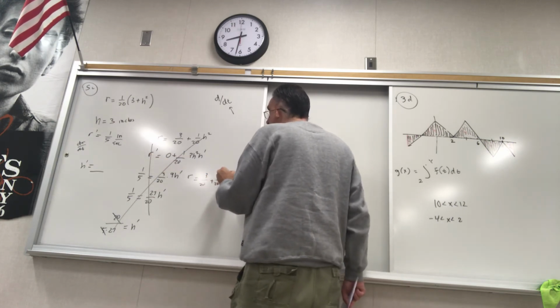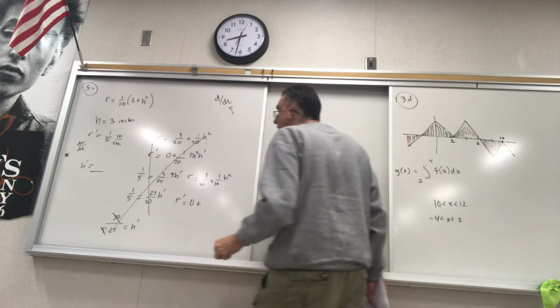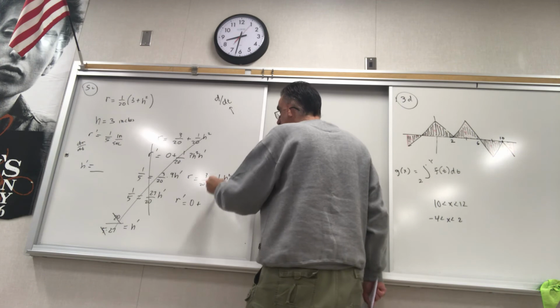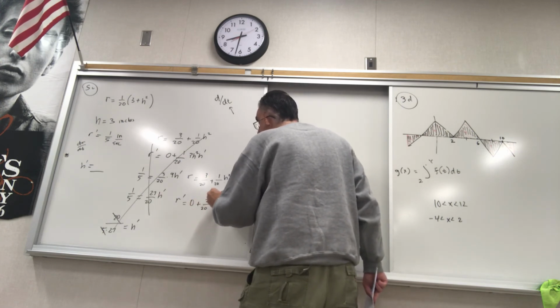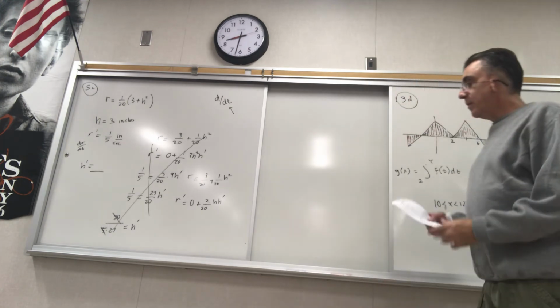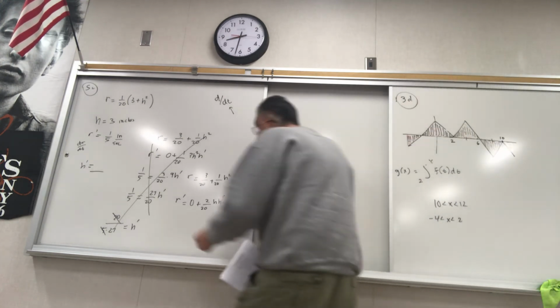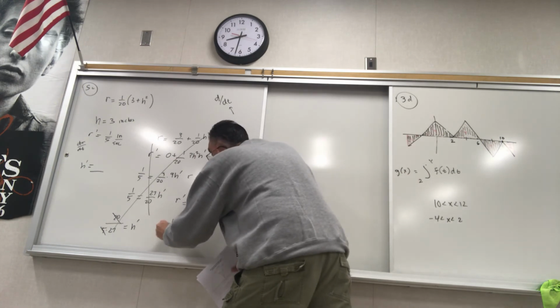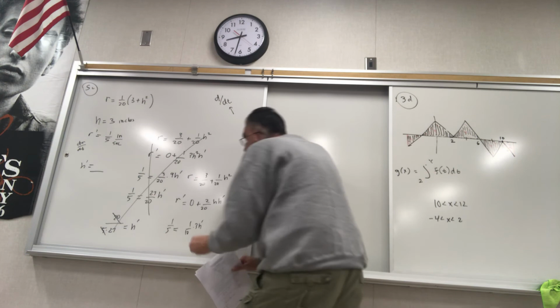1/20th h squared. Okay, let's try that again. R prime equals 0 plus, take the derivative, you get 2/20 h prime. There we go. This is 1/5, equals 1/10 times 3 h prime.